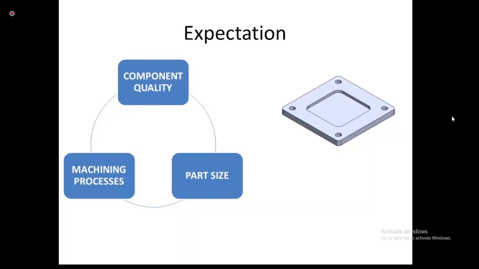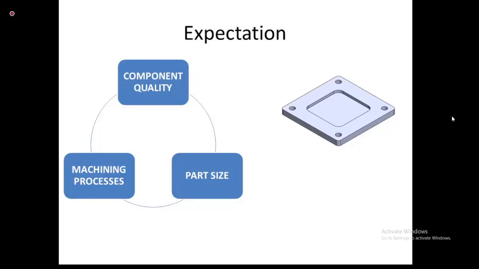Like there might be an expectation that we want the component to look exotic. So if you want the component to look exotic, then definitely you will procure some exotic material like MS or SS. If you want the product quality to be on the higher side, which is one of the expectations of the management, then definitely you will procure some high quality grade material.